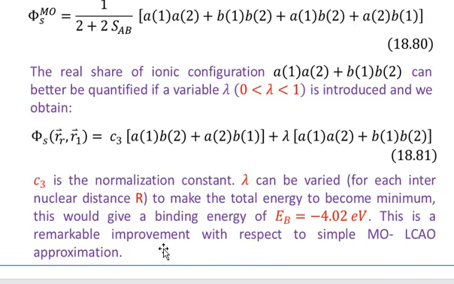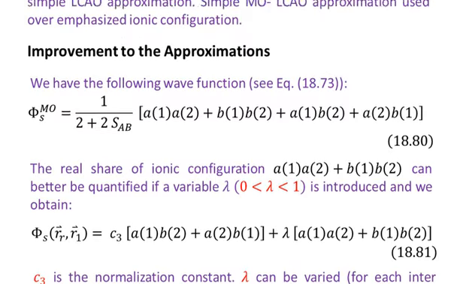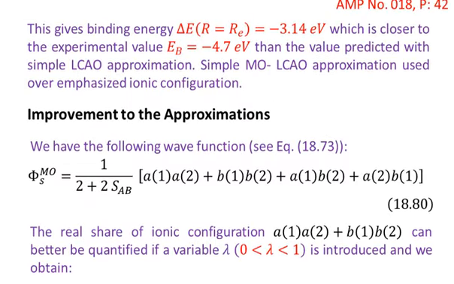This is a remarkable improvement with respect to the simple molecular orbital LCAO approximation. You can see that this value is minus 4.02 electron volt, whereas the experimental value is minus 4.7 electron volt.